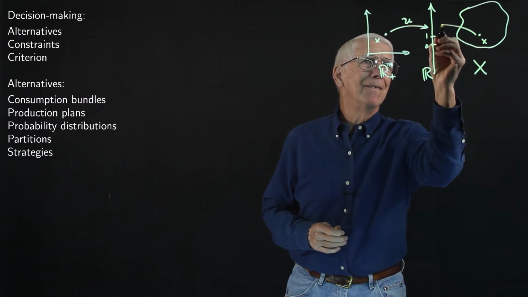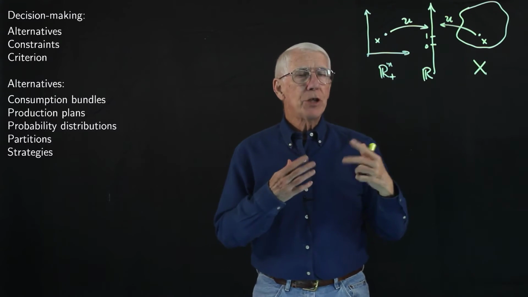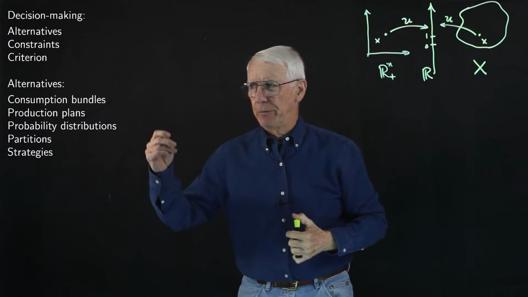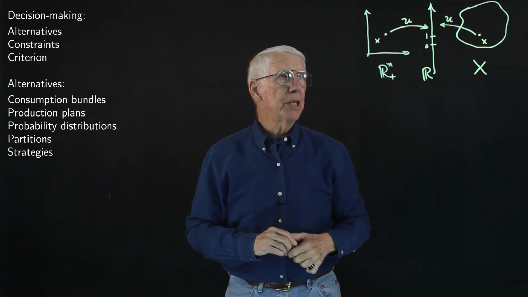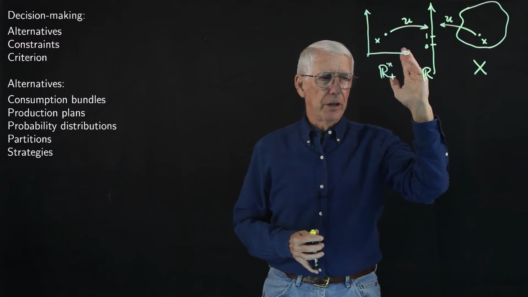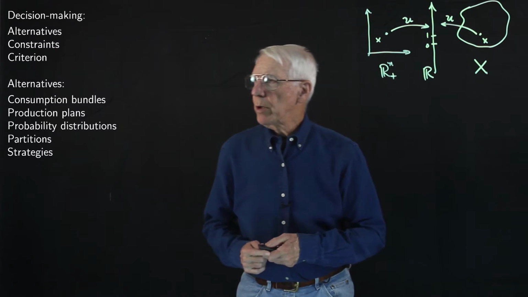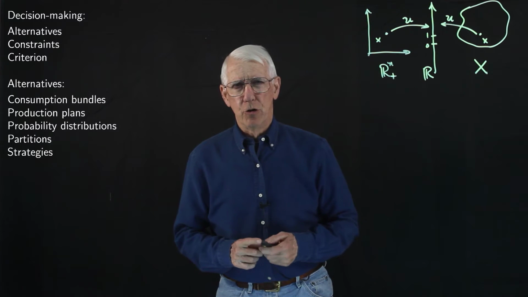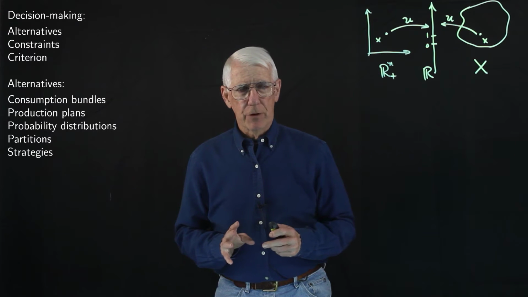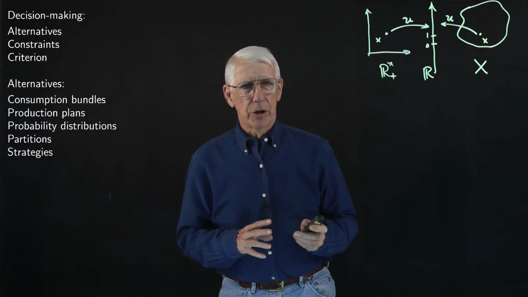And again, we typically use a utility function of some sort, or payoff function is often the term used in game theory for strategies, a utility function that assigns real numbers to the alternatives in the set of alternatives capital X. So we're going to start off by assuming that the decision maker uses a utility function as his or her criterion for evaluating alternatives.